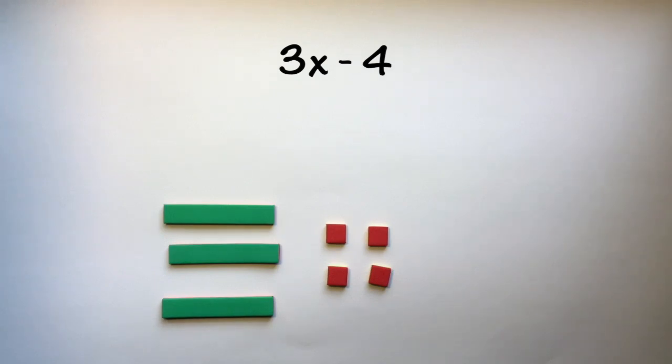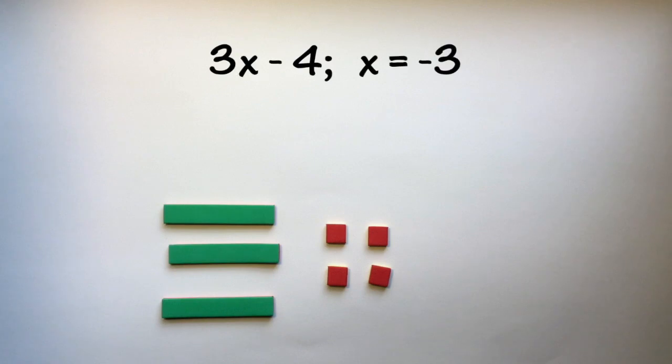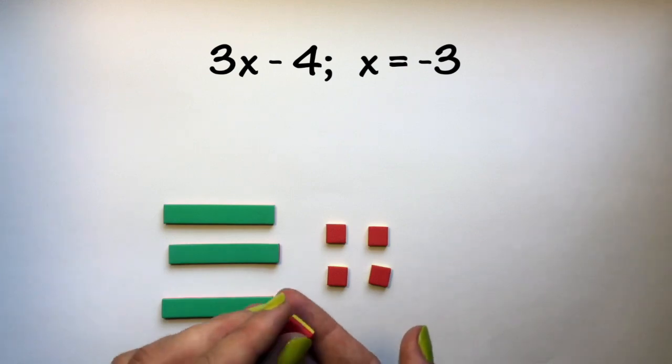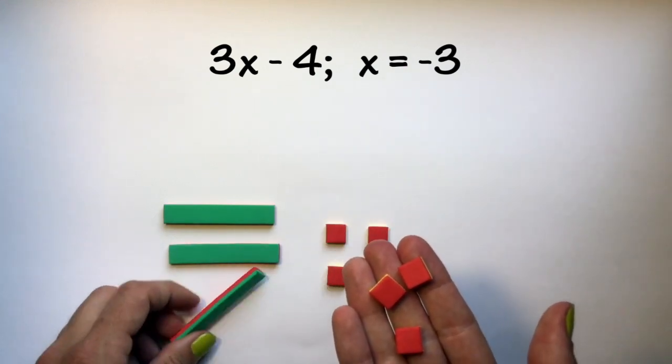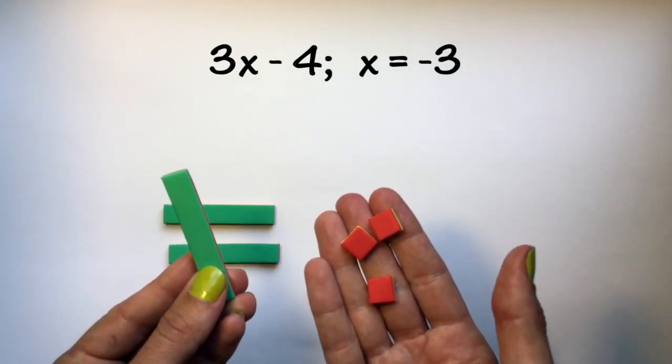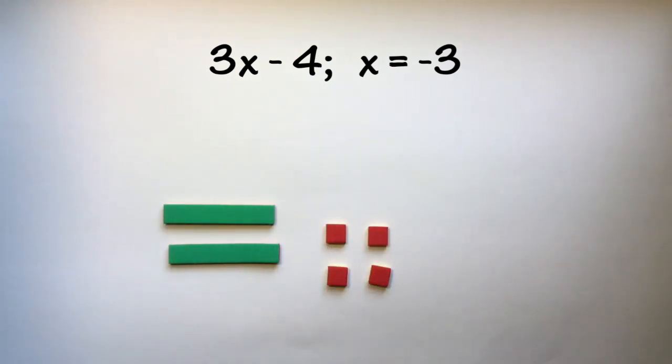If we are then told that x is equal to negative 3, then we need to substitute negative 3 for each x in our expression.